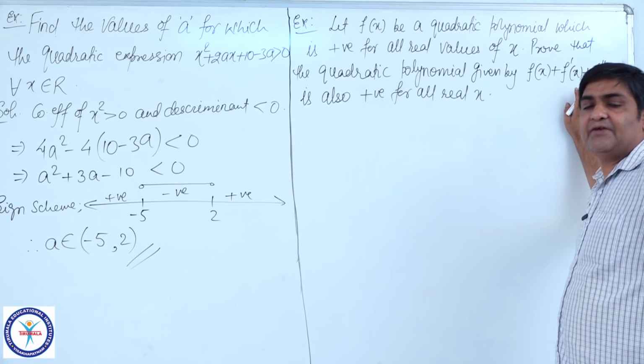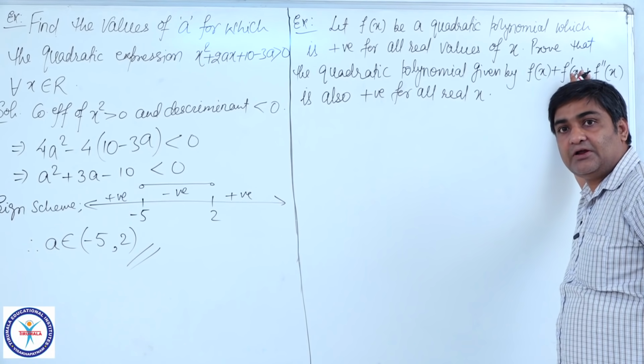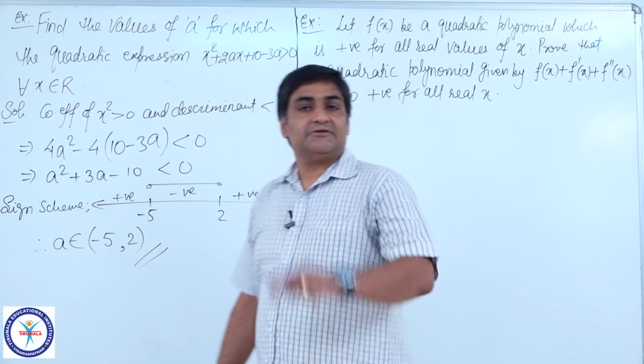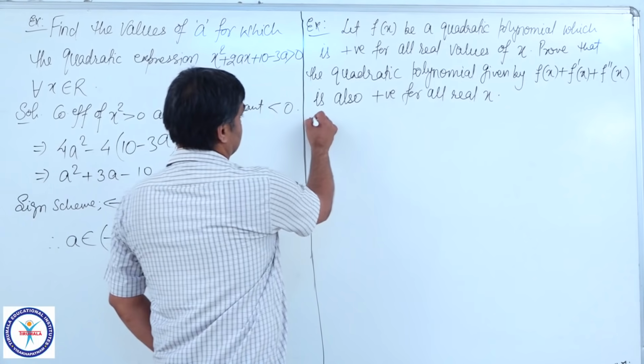Here dash represents derivative. F dash x is the first order derivative of f of x. F double dash x is the second order derivative of f of x.